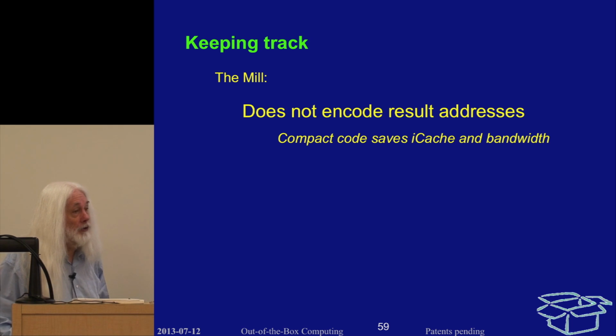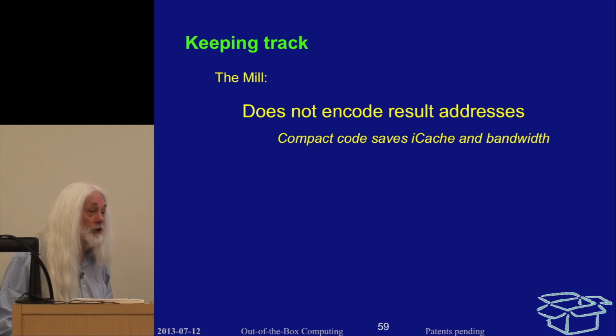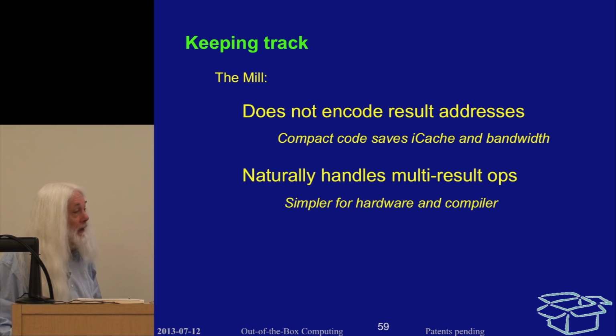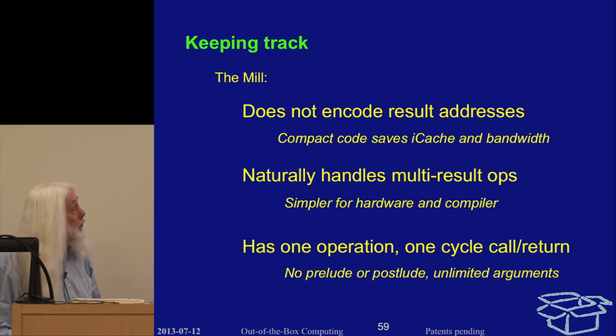We don't have to encode the result address. It's always implicit. And consequently, the code is more compact. We save bits and power in the instruction cache. It actually handles multi-result operations. And calls and returns are one cycle and one op. It does not require either a prelude or a postlude.